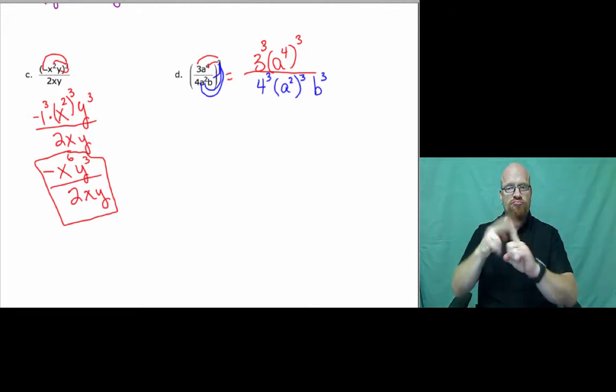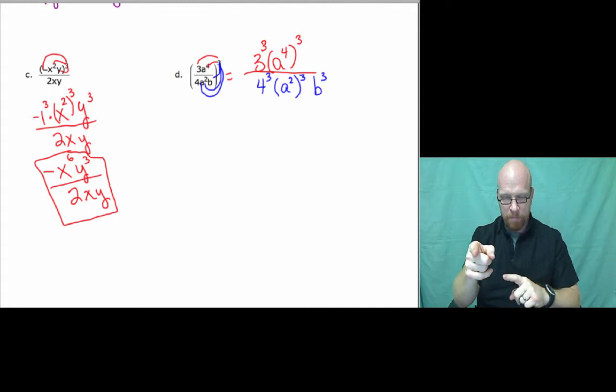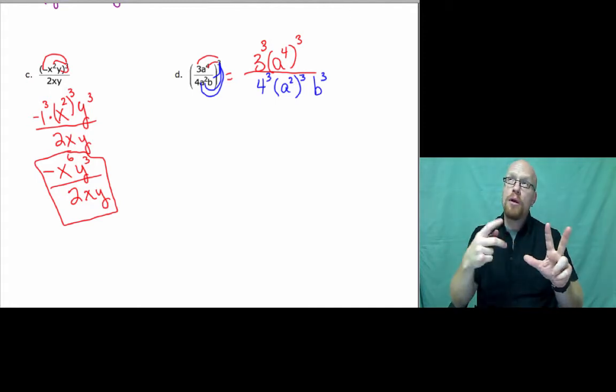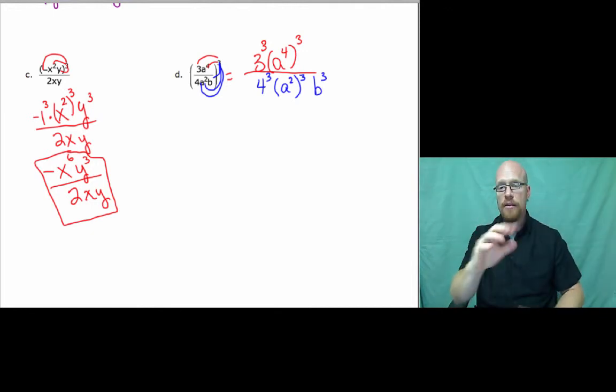Now, first I'm going through the quotient rule and I'm moving the cube into the numerator and denominator. Now, if I look at 3 cubed, it should be 27.